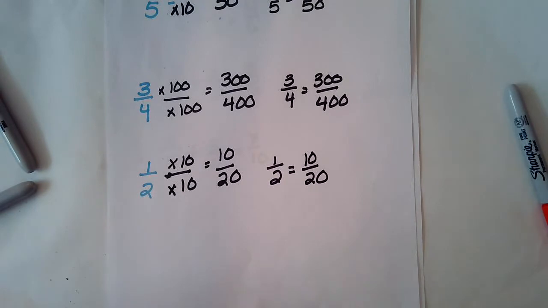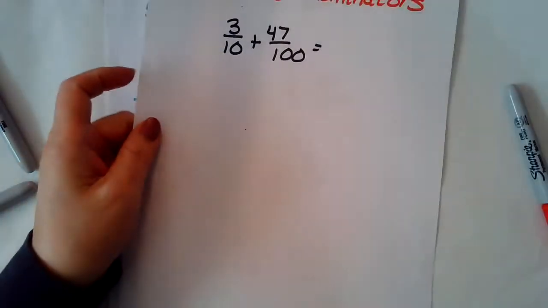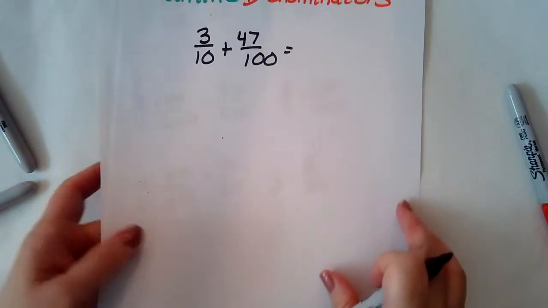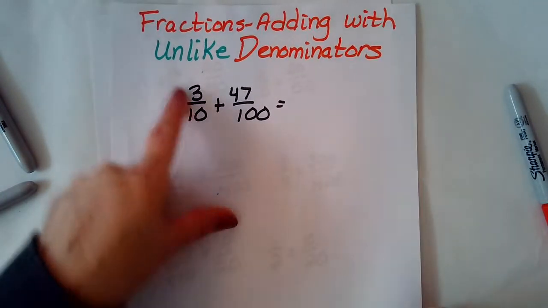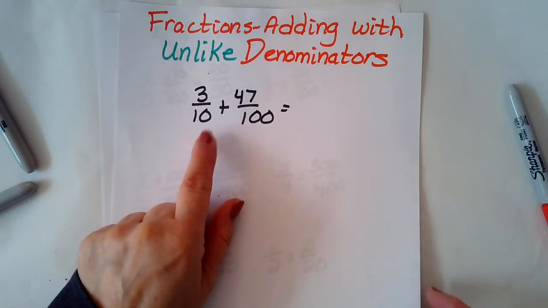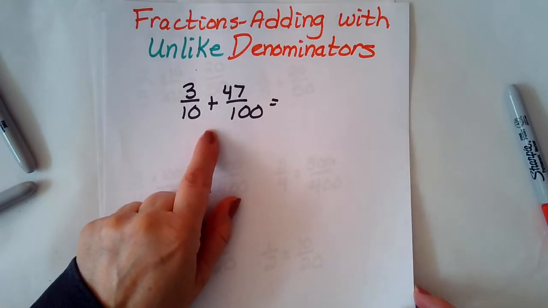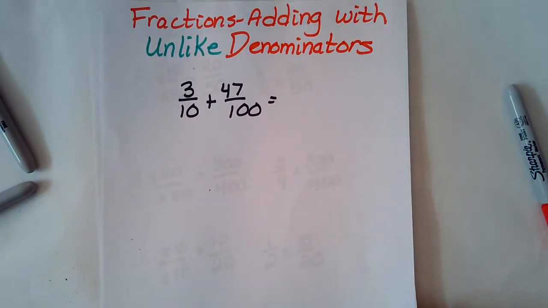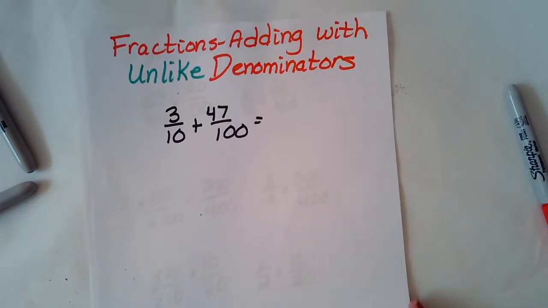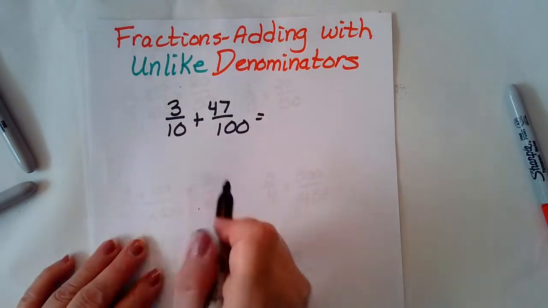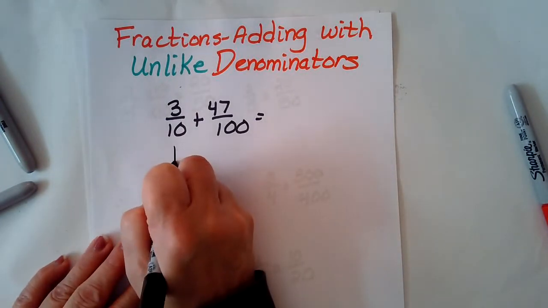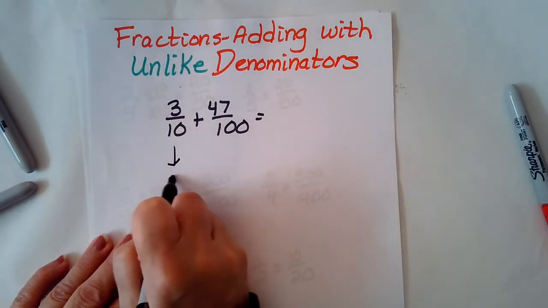Next. Now, what would happen if your fractions did not have the same denominator? What if they had unlike denominators, like this example here, 3/10 plus 47 100ths? What you need to do in order to do this addition problem is to make the denominators the same. And what you would do is work with the 3/10.